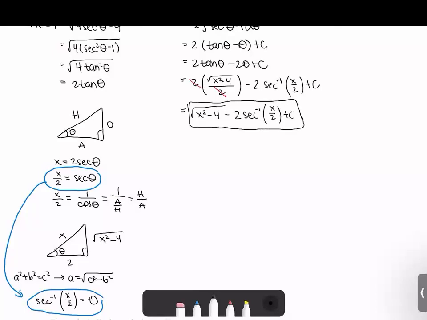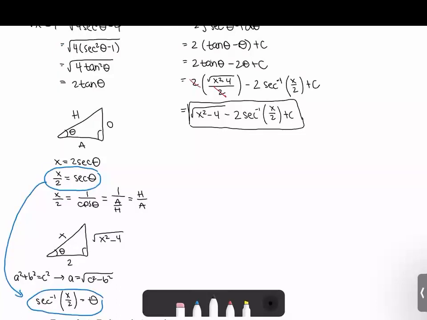So one thing I want to point out is when your answer has just a plain theta, not a cosine, tangent, secant of theta, when we just have that theta, we're going to have an inverse trig function in our answer because that's how we're going to solve for theta.